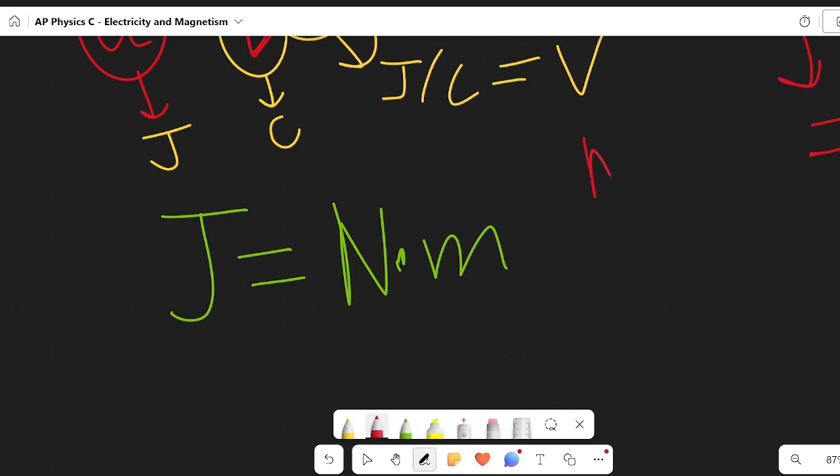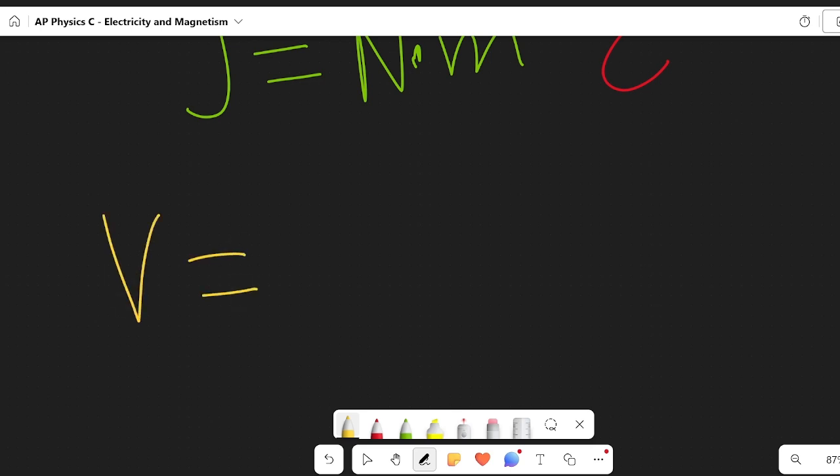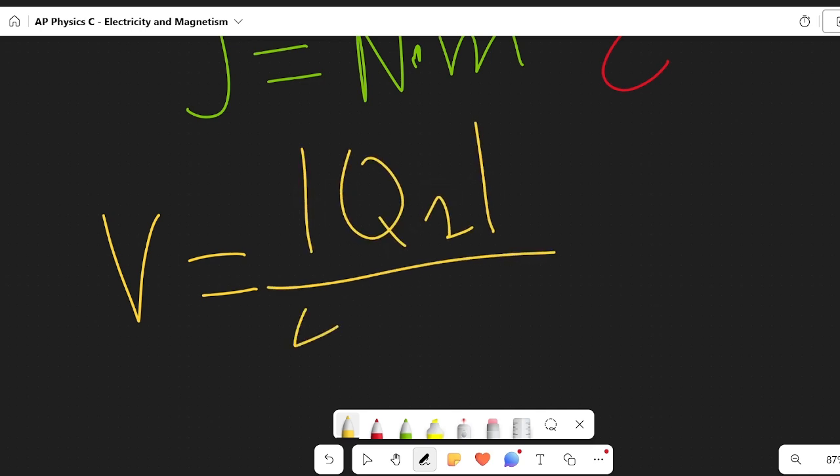From earlier, the units for electric field were newtons per coulomb. Now it's joules per coulomb, so we've added a meter on the top. If we take our Coulomb's law formula from earlier, we'll be getting joules. So volts equals, we'll take the same thing, Q1 over 4 pi E naught.